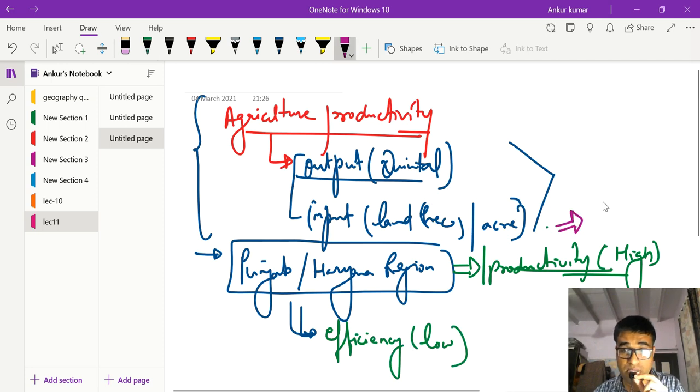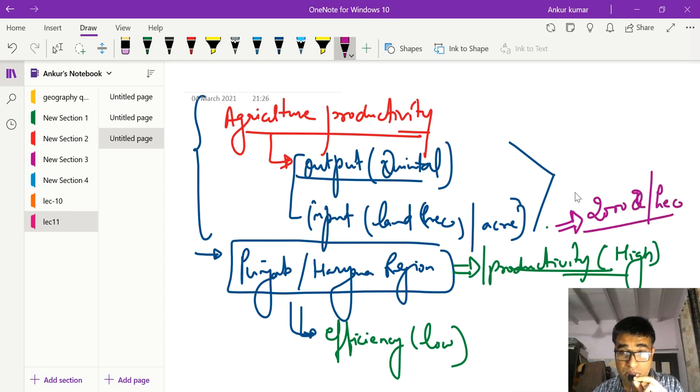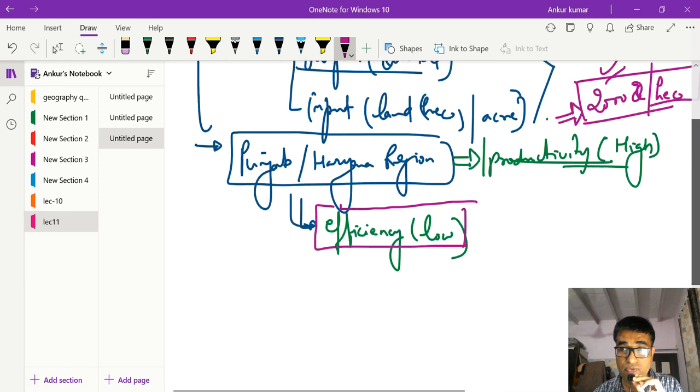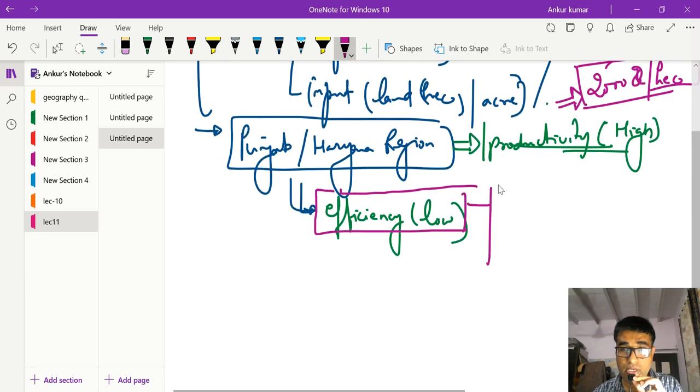For example, let us say wheat yield is 2000 quintals per hectare. This much wheat output is very high, but it is being taken from a land which is very intensively used. Very intensively used means you are applying a huge quantity of high fertilizer.